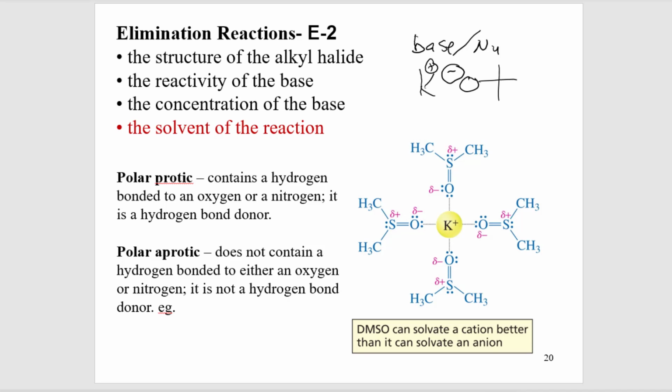And it really helps free up that O- to do its job. If you can entice the potassium away, cage it up, if you will, using a solvent like the crown ethers that I mentioned in SN2, or just a polar aprotic system like DMSO, acetone, something like that, something that's not protic, but because, again, a protic system would just entice the t-butoxide to do acid-base chemistry with it.